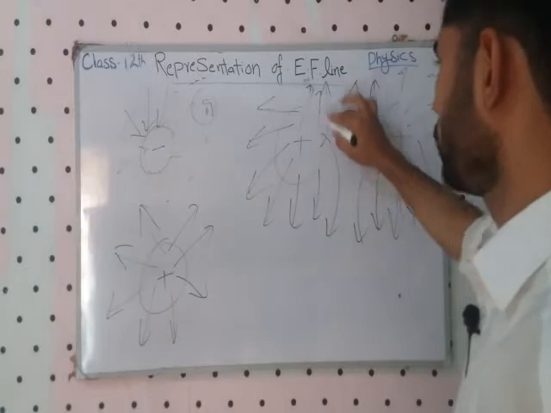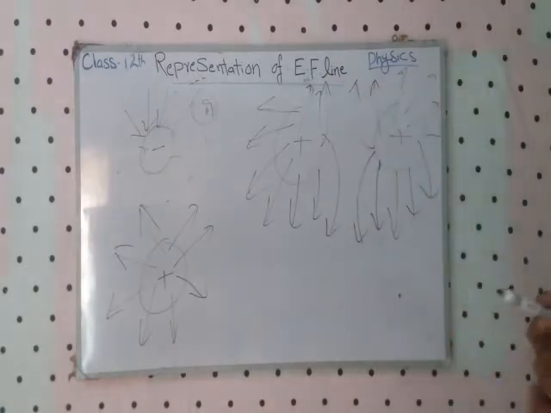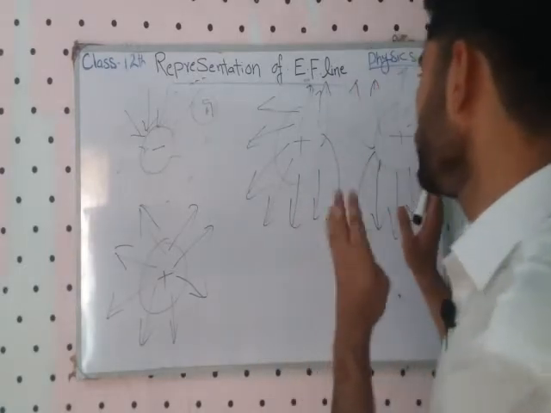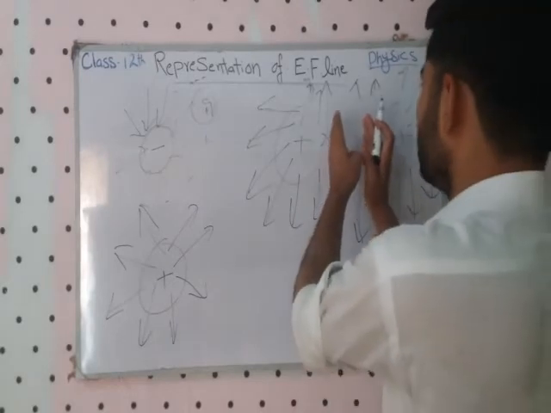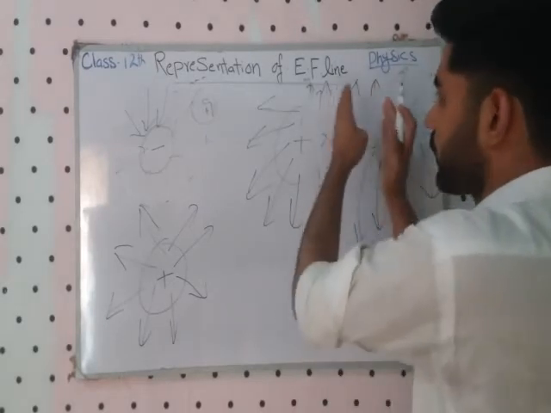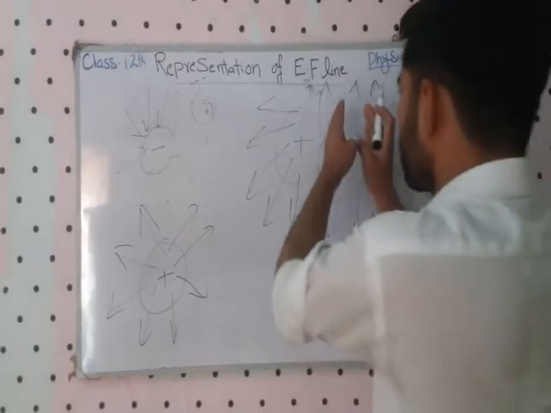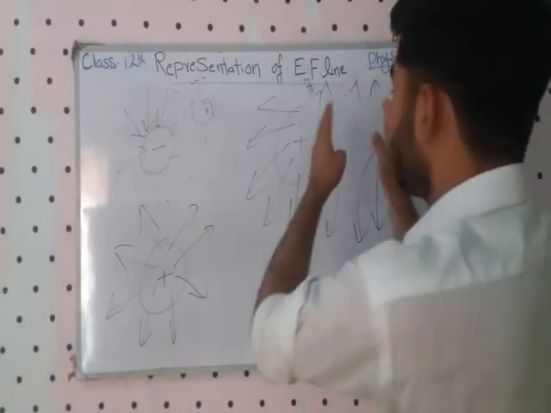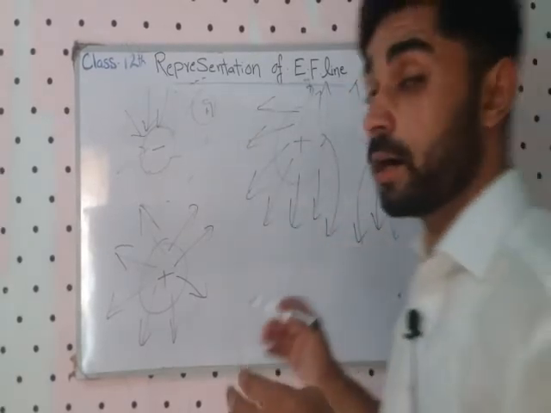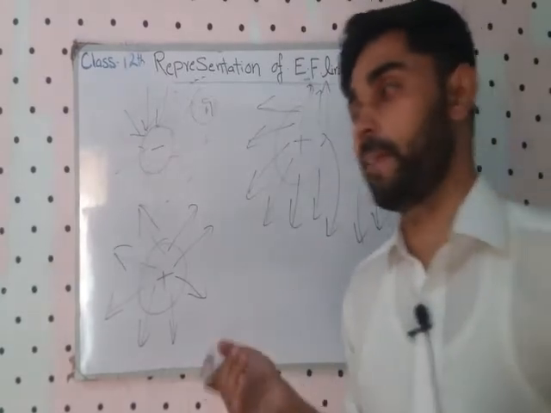Because both are positive, they will repel each other, so these lines will not cut each other, they will not interact with each other, because both are same, so they will repel each other.